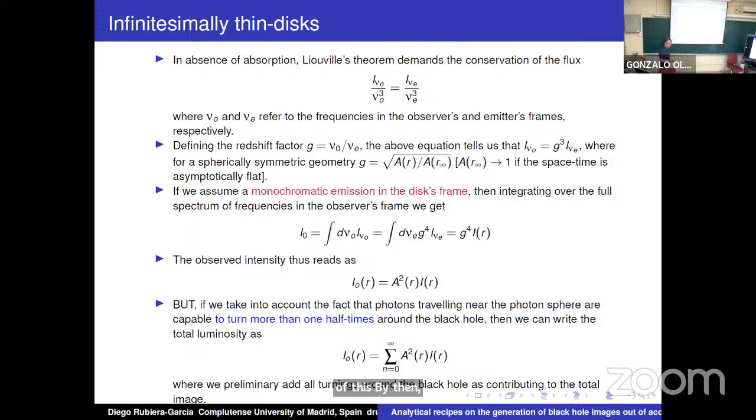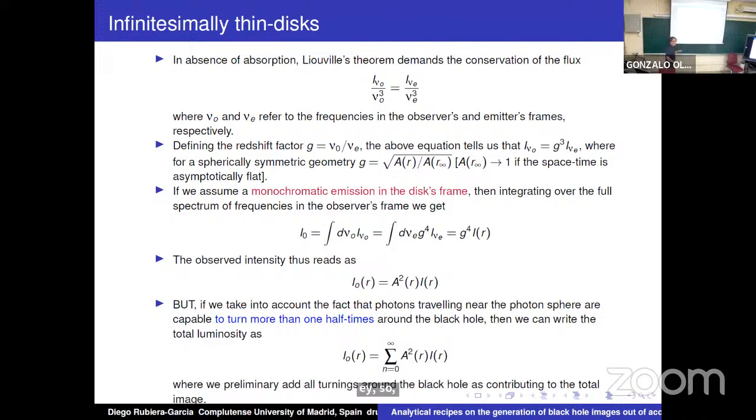Because the emission in the emitter frame is monochromatic, this integral is immediately done, and then you find that the observed intensity is the emitted intensity scaled with the square of the metric function. Everything is a function of r, and because r is a function of the impact parameter, everything is a function of the impact parameter, which is actually what you measure. So the intensity on your screen is related to the intensity emitted, for instance via the model before, just multiplied by this factor, the square.